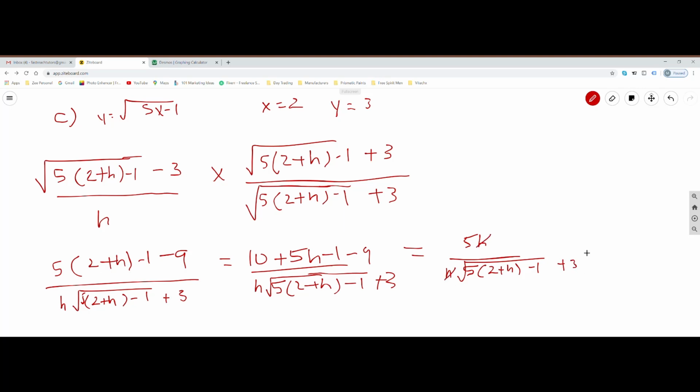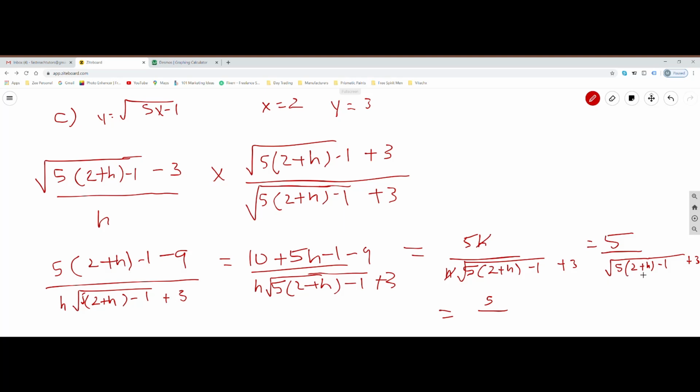The h is cancelled and we're left with 5 over the square root of 5 times 2 plus h minus 1, plus 3. If you substitute 0 for h, 2 plus 0 is 2.